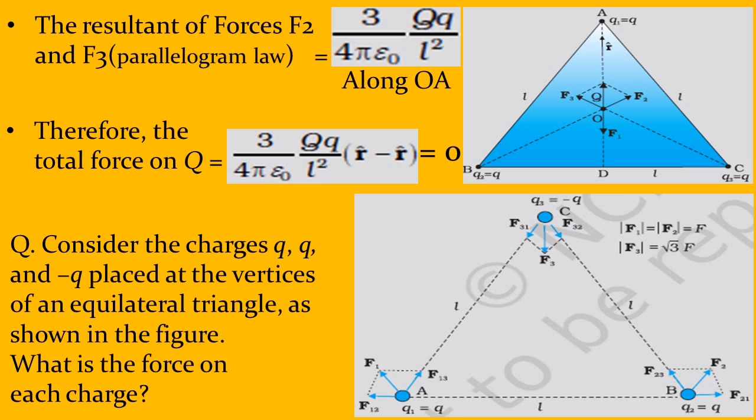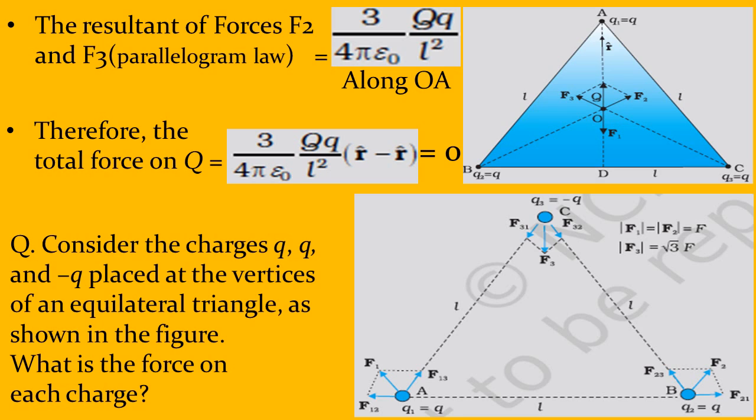At C, I have a charge Q3, which is minus Q, equal in magnitude to the charges at A, but of opposite sign. Again, A, B, C are the vertices of an equilateral triangle. Now the question is, what is the force on each of the charges?